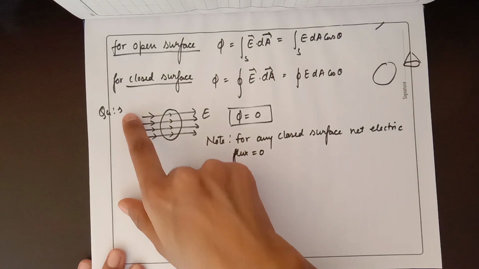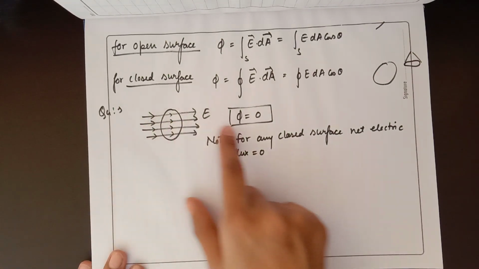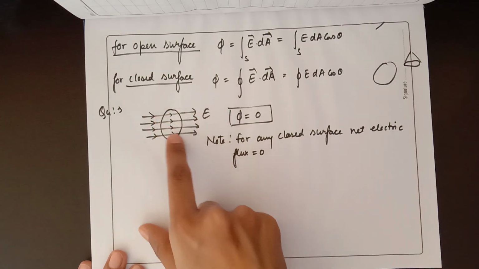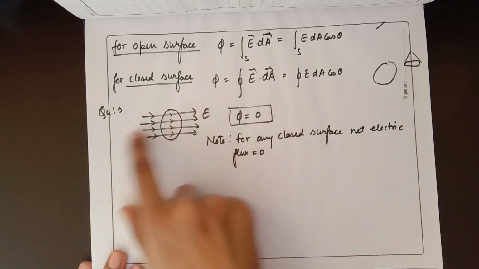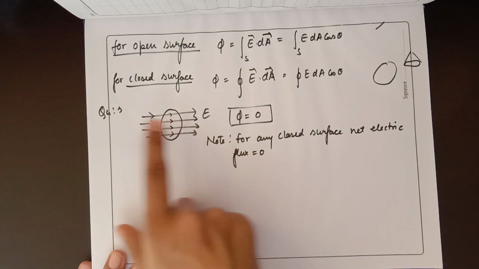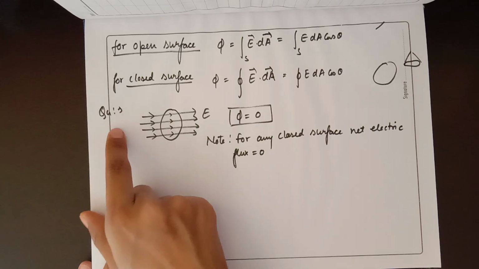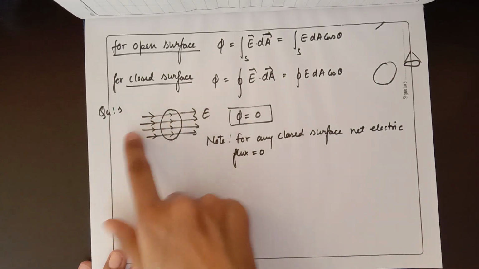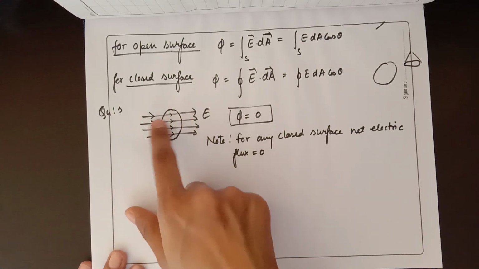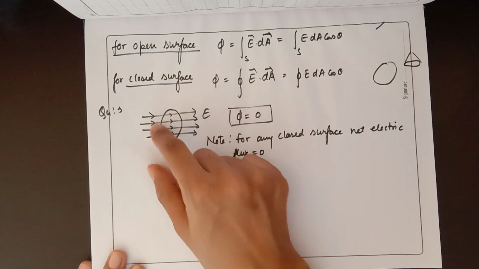And in our example we saw that for this surface, it is a sphere and electric field lines are passing through like this, meaning a positive charge, or any charge which is emitting the electric field lines, is outside this sphere, and this is the number of electric field lines passing through this body.